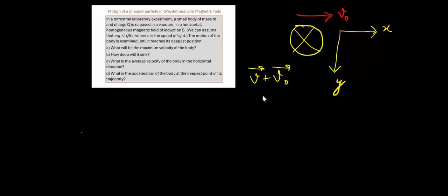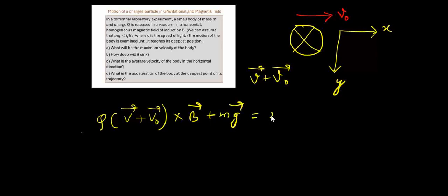And Newton's laws of motion can be simply written as: the force acting on it will be q times the velocity in the lab system, that is (v plus v0), cross B, plus mg vector, and that will be equal to mass times the acceleration of the particle in the lab frame.